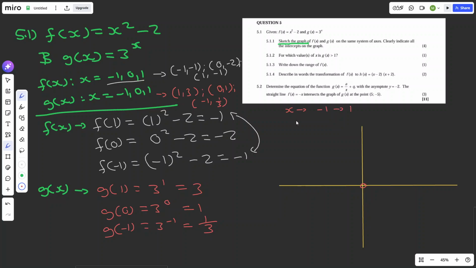And then for y, we're just going to be looking at, for the f of x, -1 to -2, and then for the g of x it's a third to 3. So we're going to expand it from the lowest value, -2, which comes from f of x, and then this goes all the way to 3. This way we can put realistic values so that our function is drawn to scale. Okay then, so let us quickly put these points here.